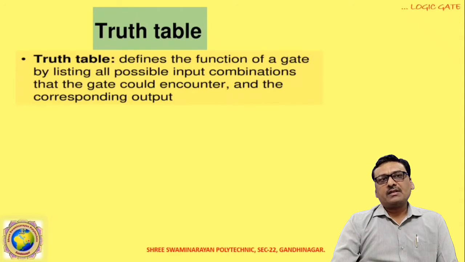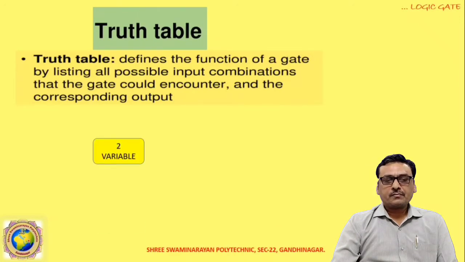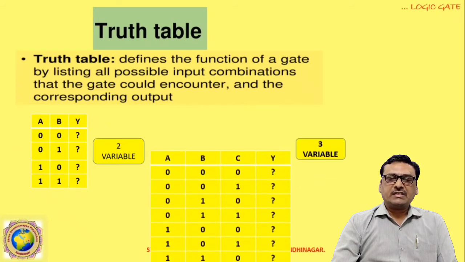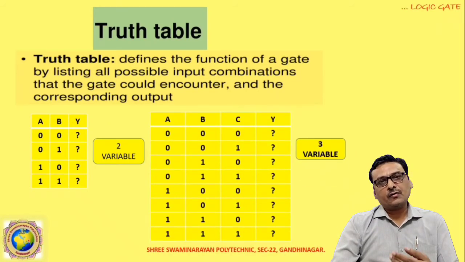Suppose there are 2 variables, meaning 2 inputs, here A and B. So we have 2 raised to 2, meaning 4 combinations: 0 0, 0 1, 1 0 and 1 1. For all 4 possibilities we have to check the value of Y. This makes a truth table for 2 variables.